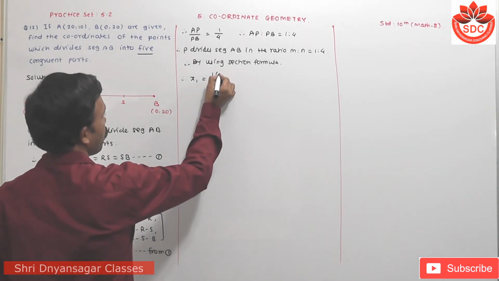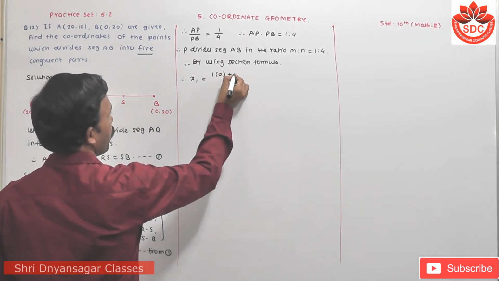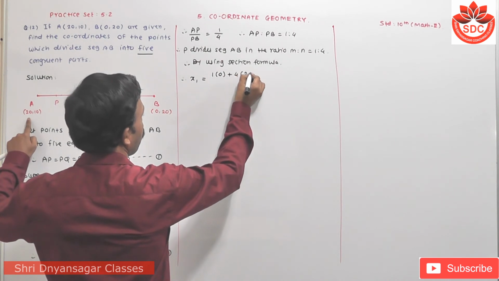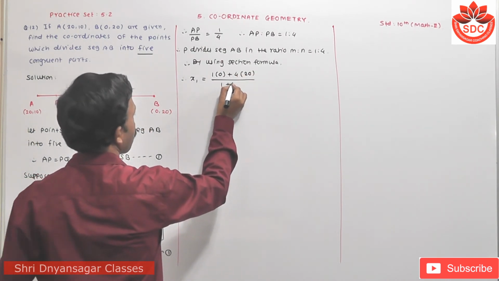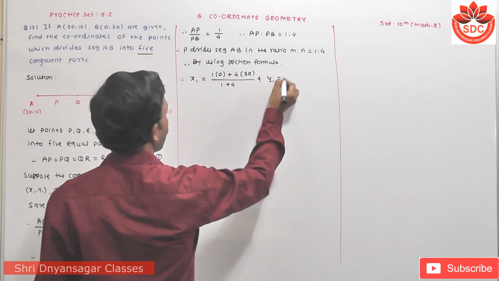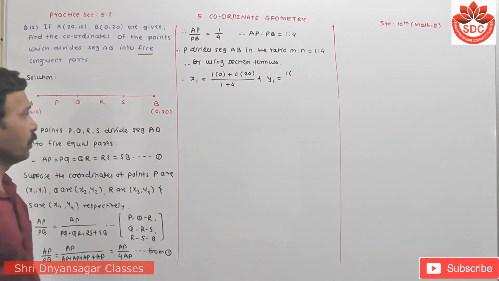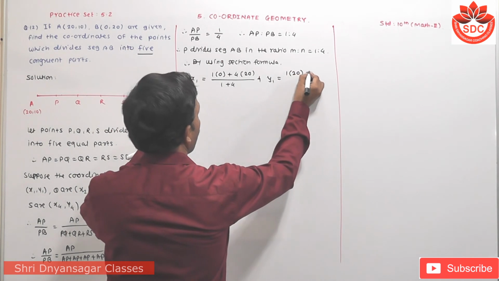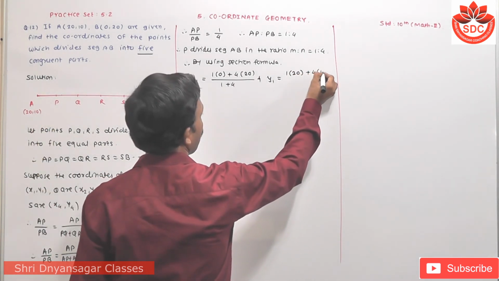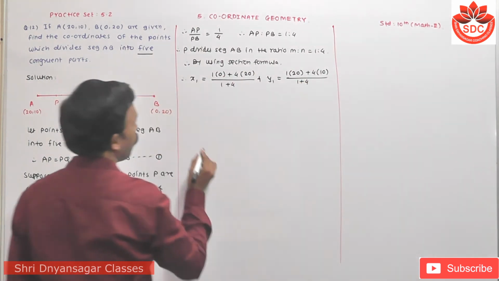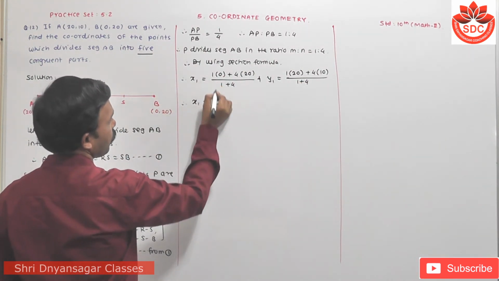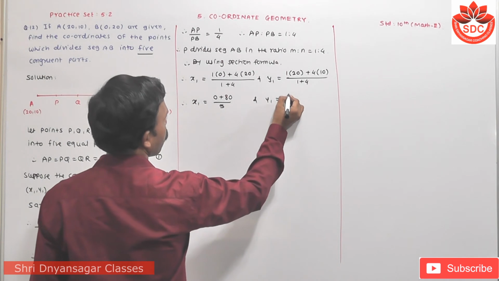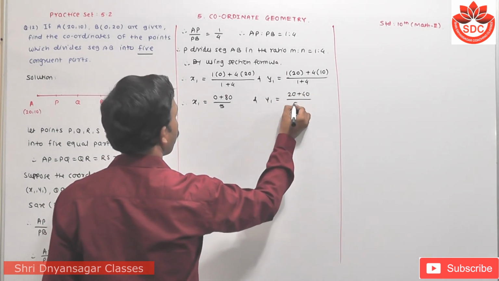Suppose that x2 is 0, plus n is 4 into 20 upon 1 plus 4, and y1 is equal to m is 1 into 0 plus 80 upon 5, and y1 is equal to 20 plus 40 upon 5.